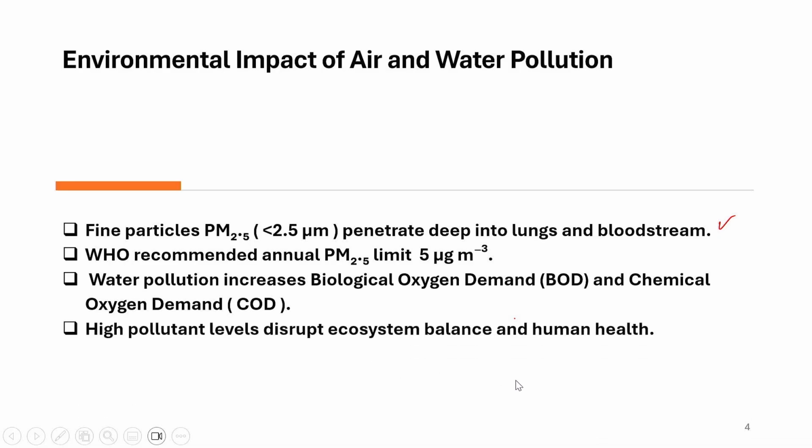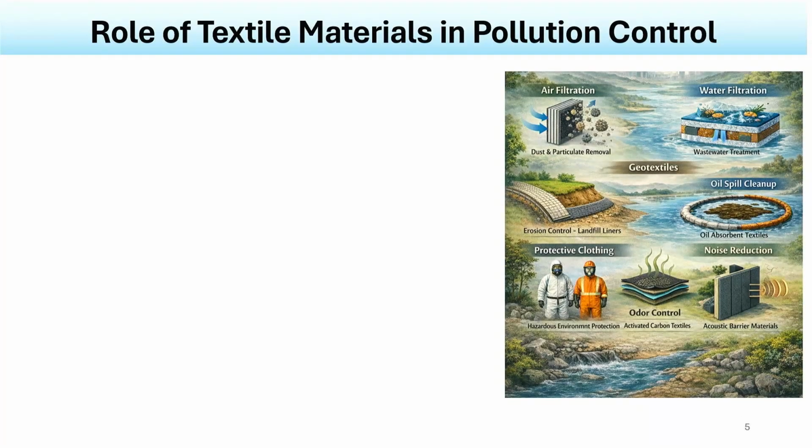The presence of high pollutant levels affects human health, and in the case of water, if it goes to the soil, it will disrupt the ecosystem balance. So, these are great impacts on the environment as well as human health.